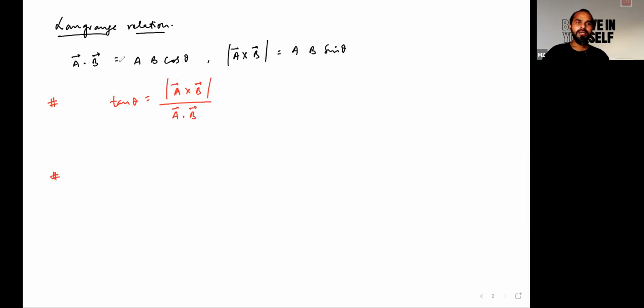Next, if you take the square of these two terms and add them, it will be (A dot B) square plus mod (A cross B) square. This term will give you A square B square cos square theta.